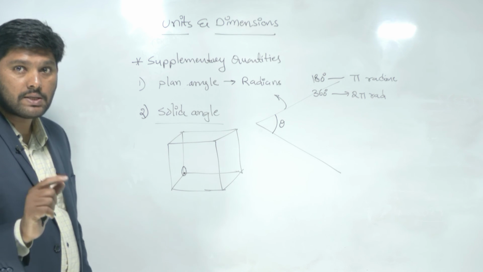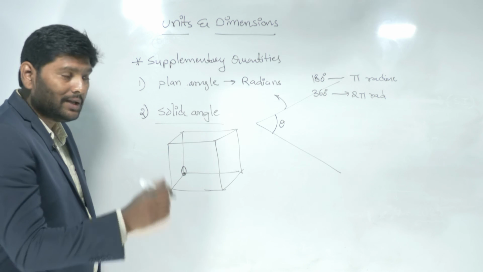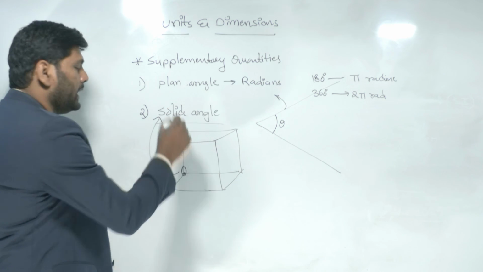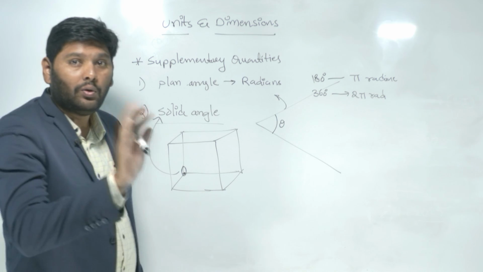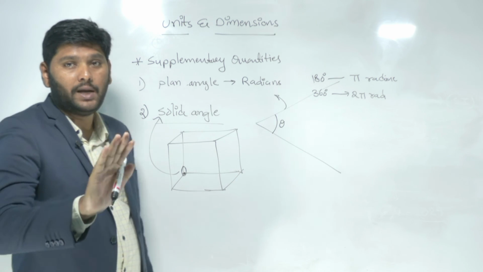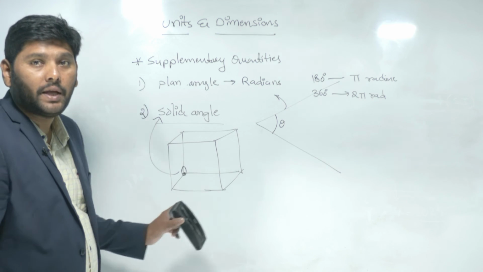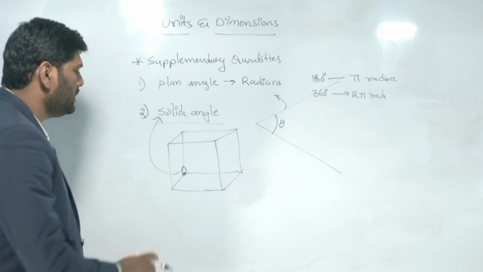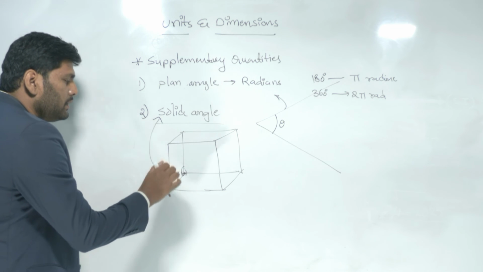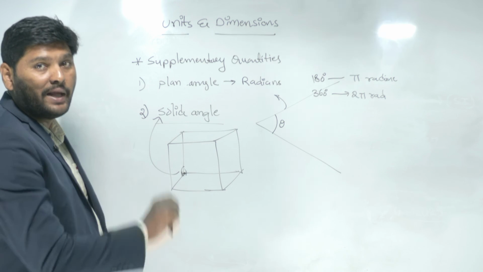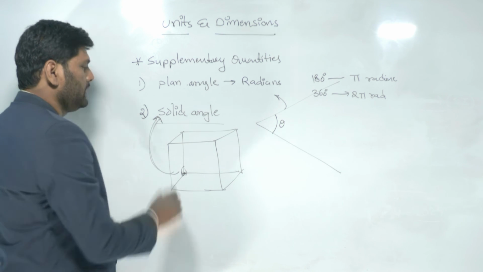That angle of three sides we call the solid angle. Got my point? Plane angle is only the angle between two planes, two lines, two surfaces. But solid angle gives the angle between three planes. Angle between three planes is known as solid angle.